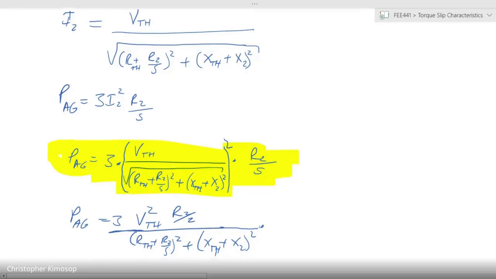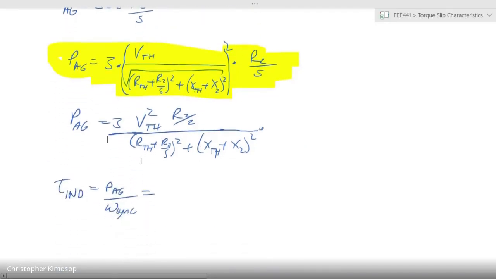Okay. So that actually becomes our formula. And in fact, when we are looking at air gap power, we will then say 3 V Thevenin squared R2 over S. This is S, not 2.